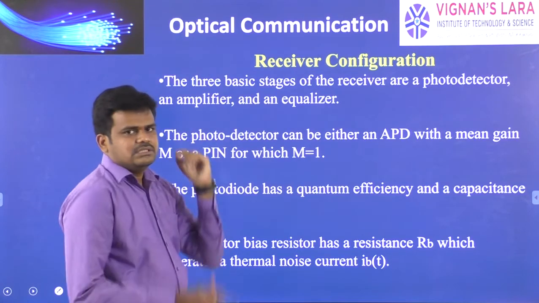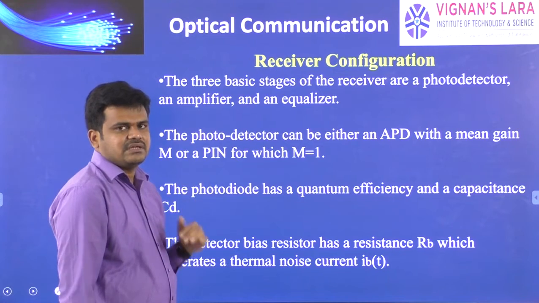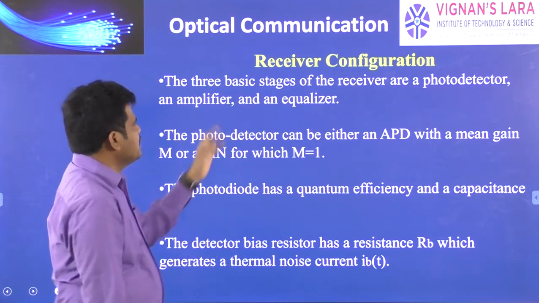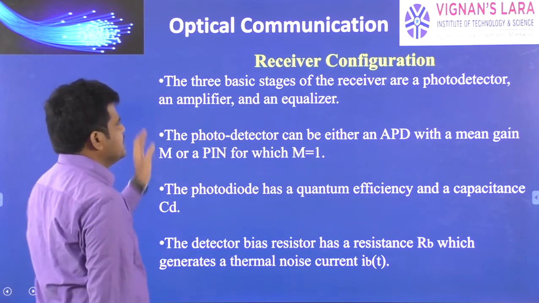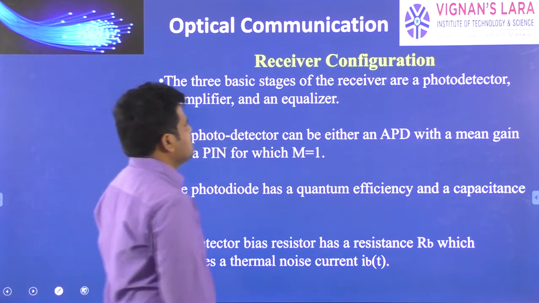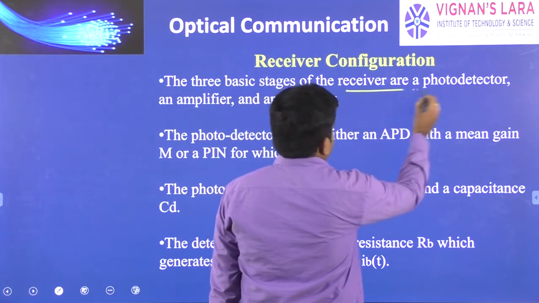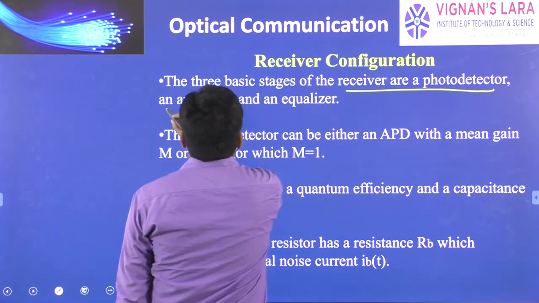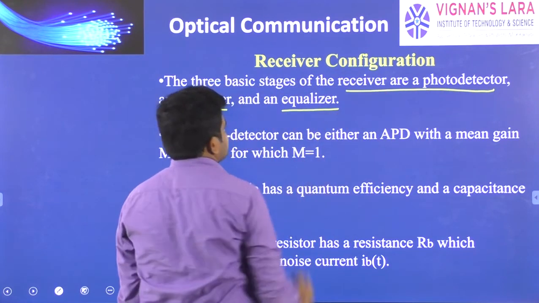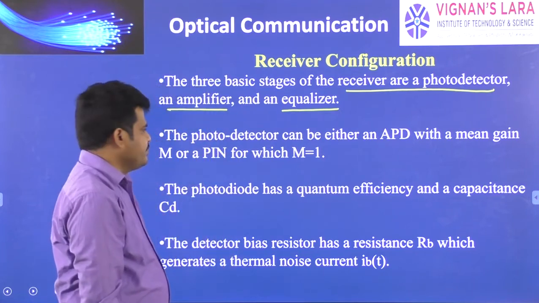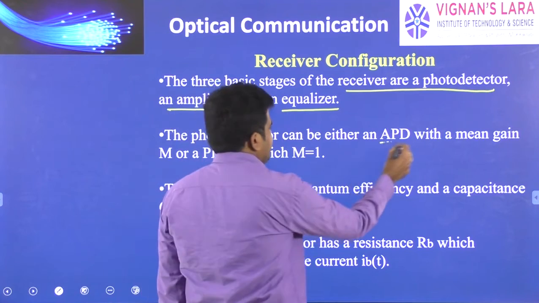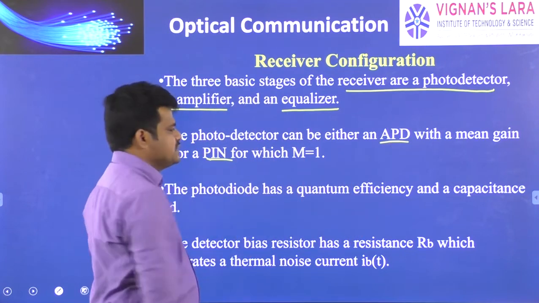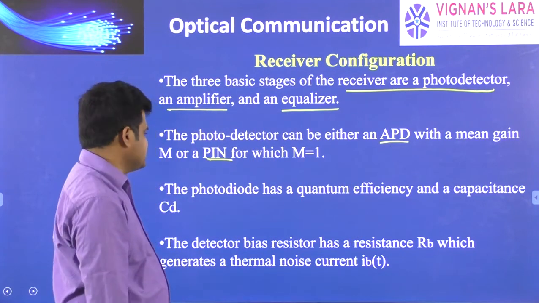If you see the receiver configuration, there are three basic stages of the receiver: one is the photodetector, one is the amplifier, another one is the equalizer. The photodetector can be either an APD or a PIN diode, which we have already studied.